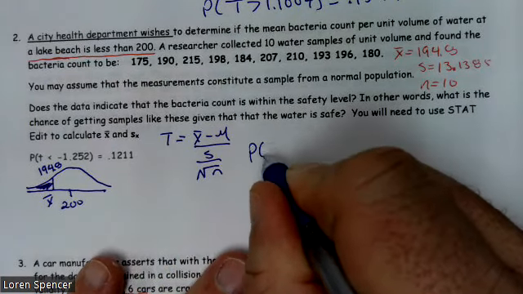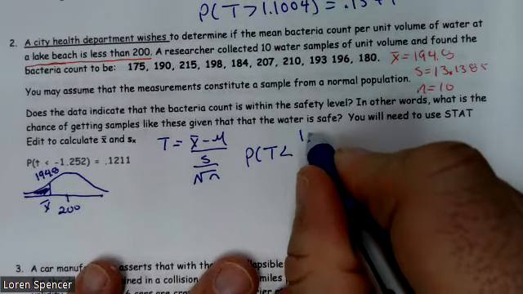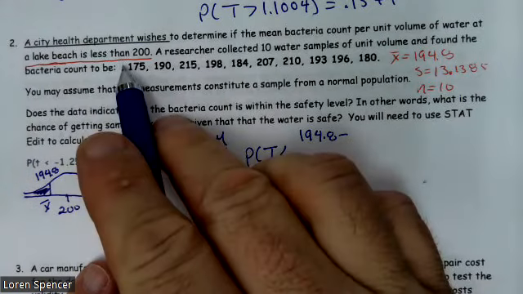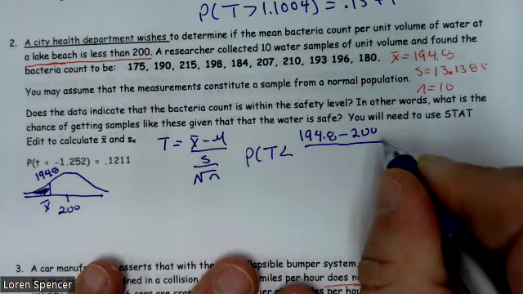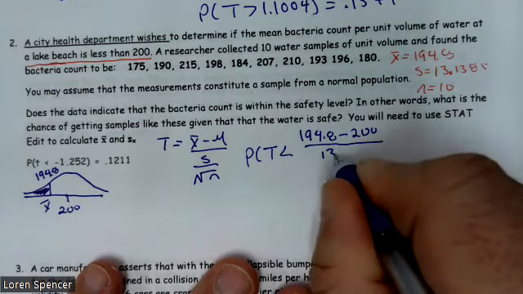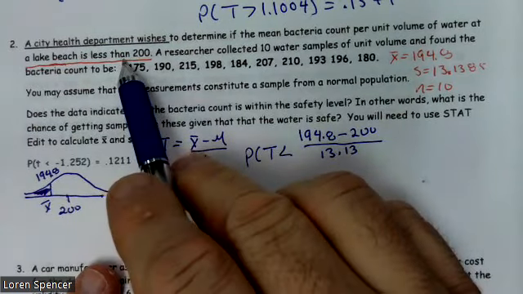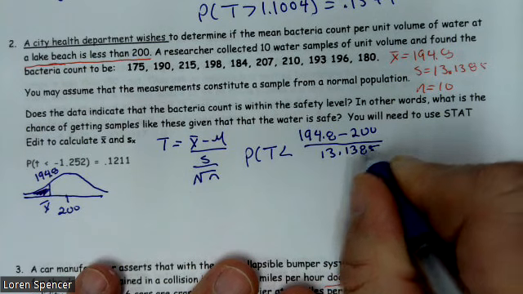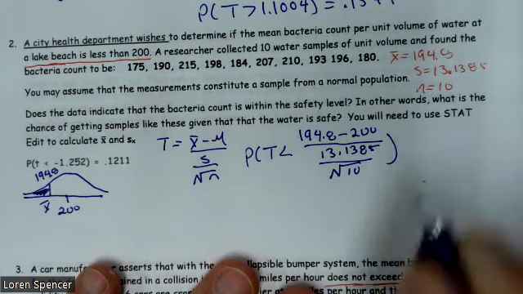We want the probability that T is less than 194.8 minus the claim of 200, or at least that's what it needed to be. And remember, we always say that someone's innocent until we prove them guilty. So we're going to say it's less than 200 until we find out it isn't. And then we'll take the square root of 10.